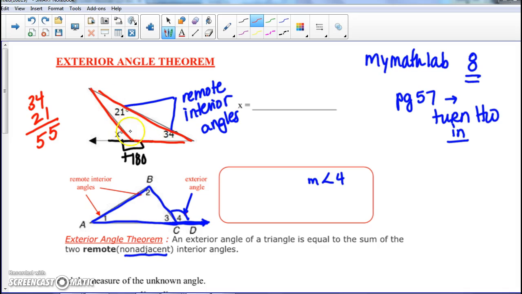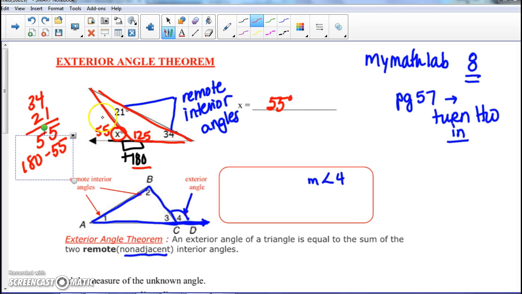That means this obtuse angle is 180 minus 55, which is 125. Well, if this is 125, then x and 125 make 180. That means x has to be 55. So x is 55 degrees.